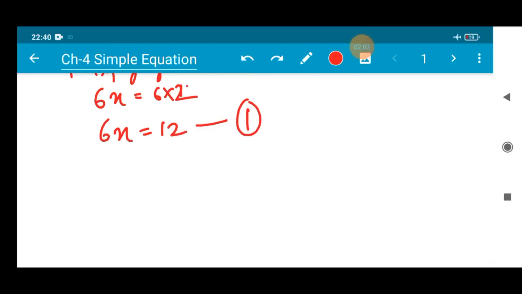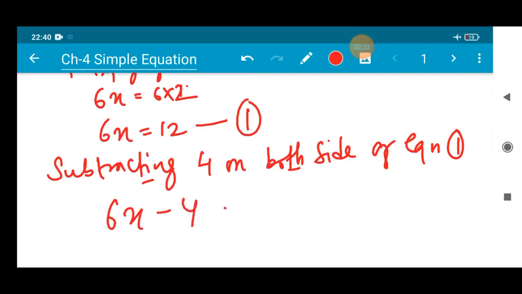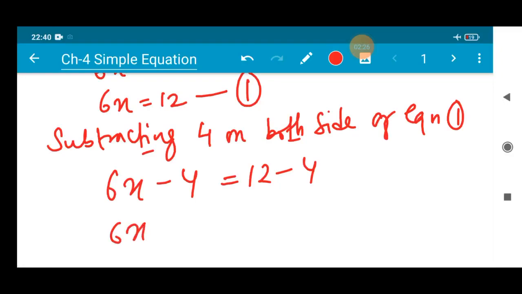If I now subtract 4 on both sides of equation 1, let me write 6x minus 4 is equal to 12 minus 4. Our equation will be 6x minus 4 is equal to 8.